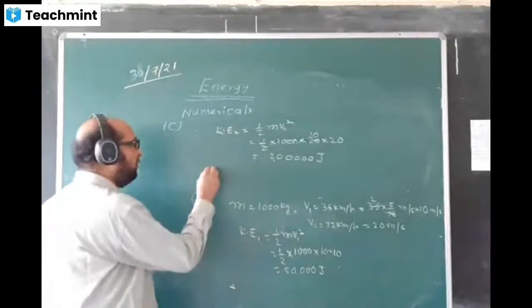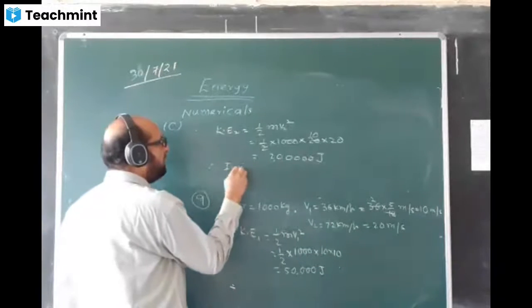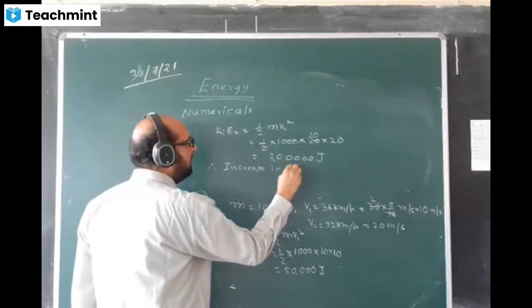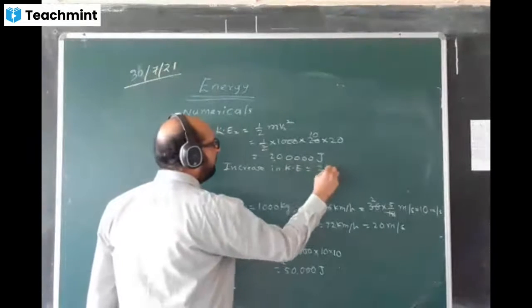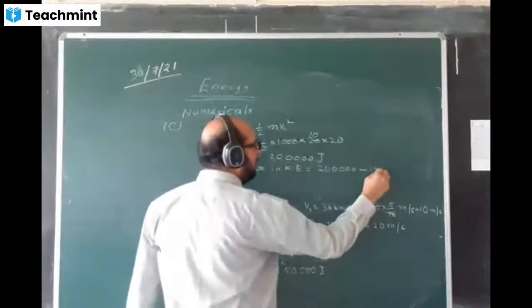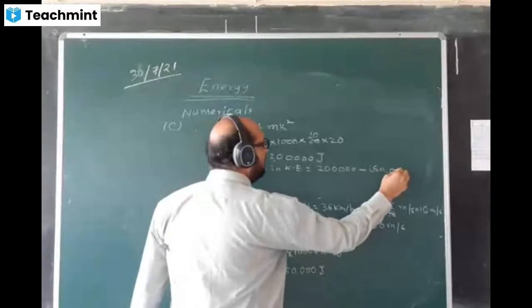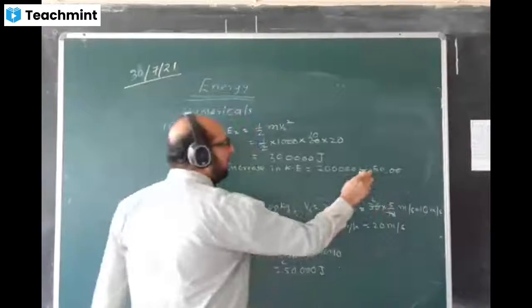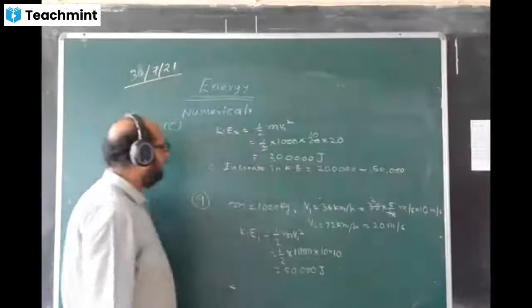Write down, therefore increase in kinetic energy is equal to 2 lakh minus 50,000. This was number 9.